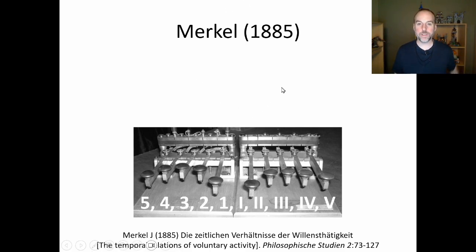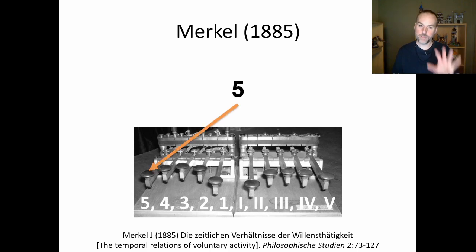What would happen is, in front of the participant, they would get a stimulus, and the stimulus would be 1 to 5 in Arabic numerals or 1 to 5 in Roman numerals. The stimulus on a trial would be random. Let's say it was a 5, so the participant would learn that with a 5, what they need to do is press their left pinky as quickly as possible on that key.